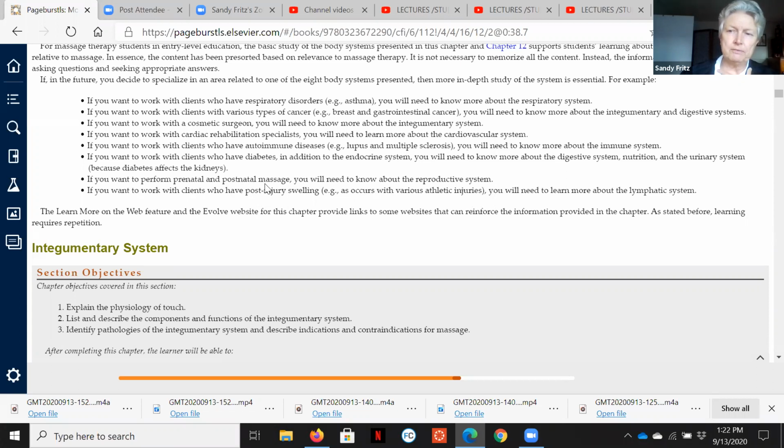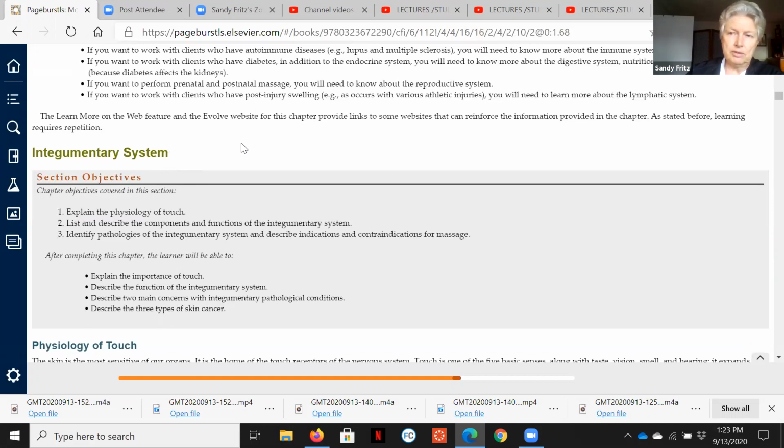So there's a chapter in Fundamentals, chapter 14, that specifically looks at adapting massage and also a focus on specialization based on a population. And then this can give you some idea about where the learning curve comes in.